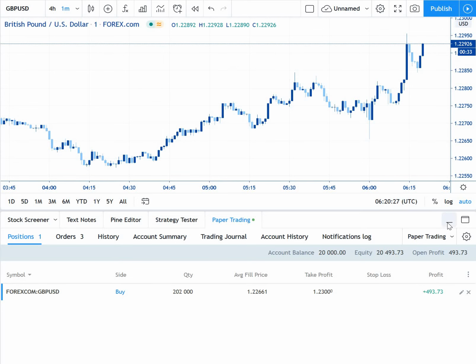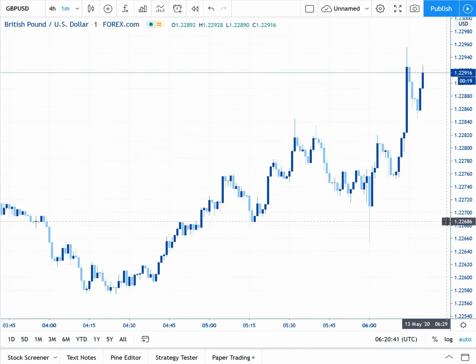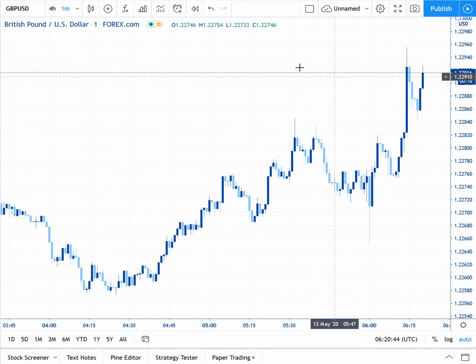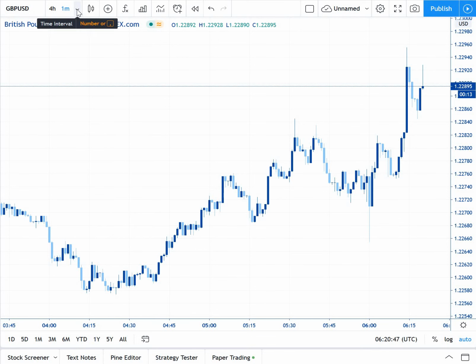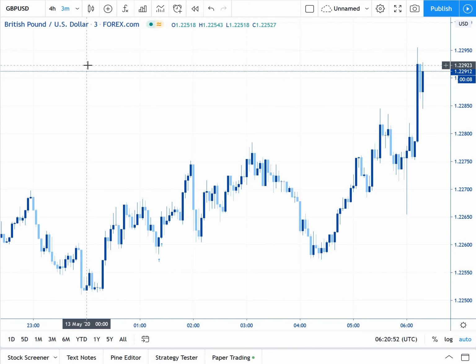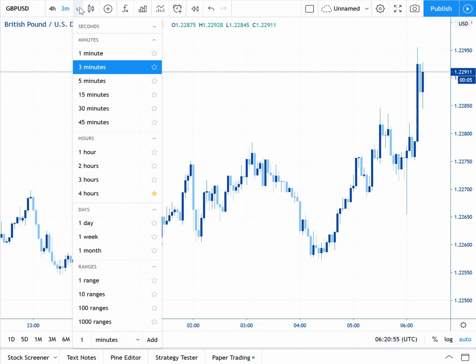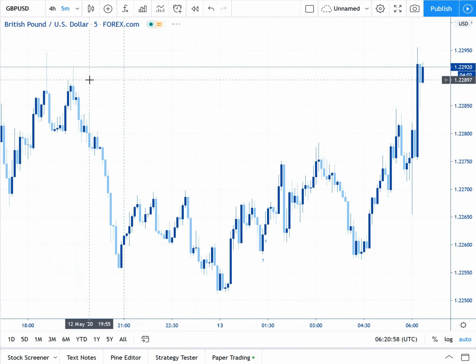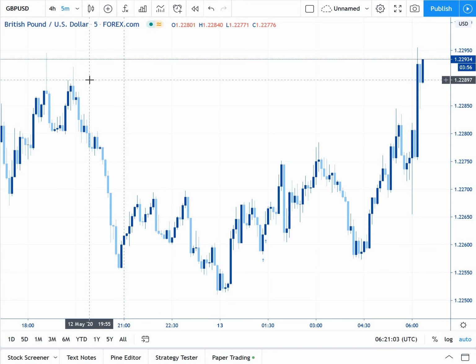If we don't get filled, I'll manually close it. Should get there. Let's change the time frame. In the 5-minute time frame, it is getting to a target.